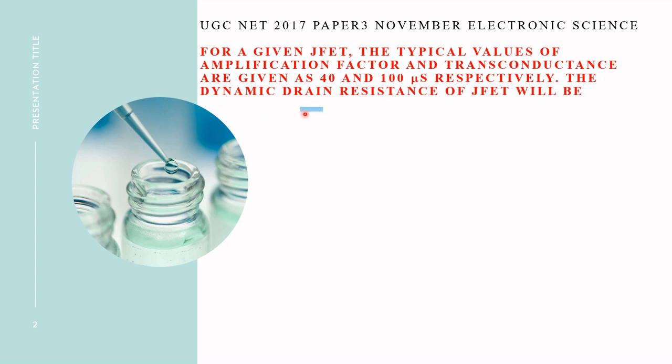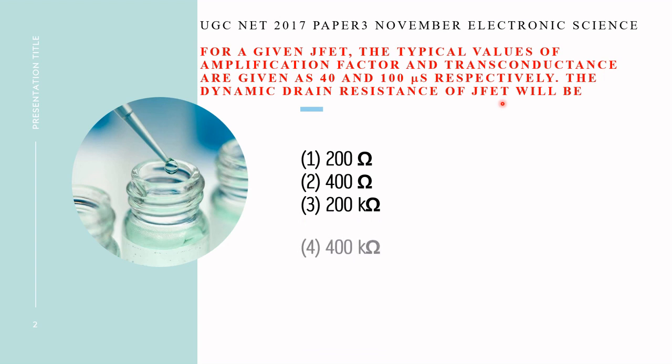The dynamic resistance, drain resistance of JFET will be, first option is 200 ohm, second option is 400 ohm, third option is 200 kilo ohm and fourth option is 400 kilo ohm. This question is from UGC NET 2017 paper 3 November Electronic Science. So how do we solve this problem?